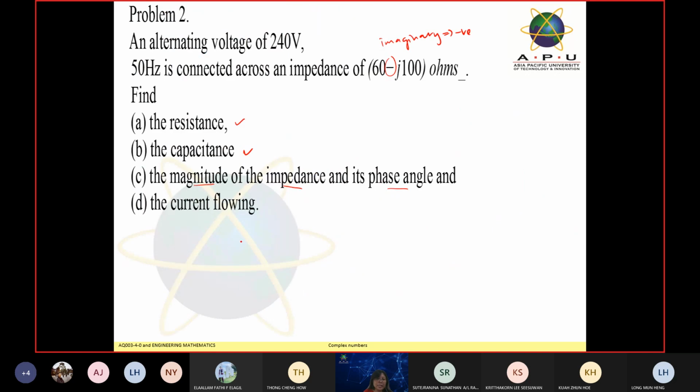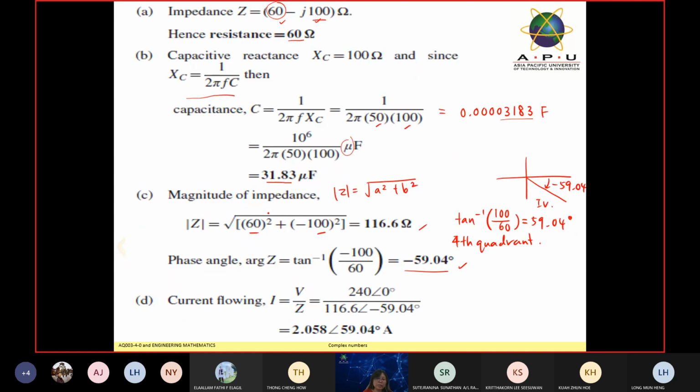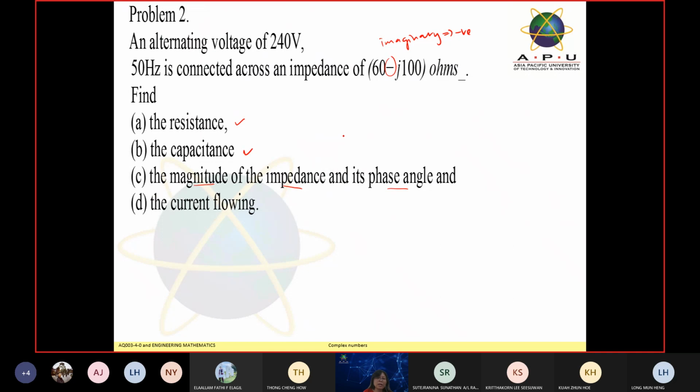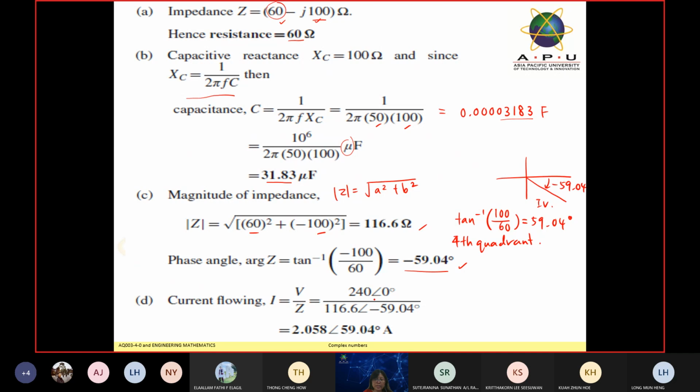Next is the current flowing. The current is equal to V over Z, the voltage divided by the impedance Z. The voltage is given as 240 volts. Here we can use polar form because we deal with division. For polar form, we have rules to evaluate the division. At the top for the voltage, we put 240 with the angle of 0.